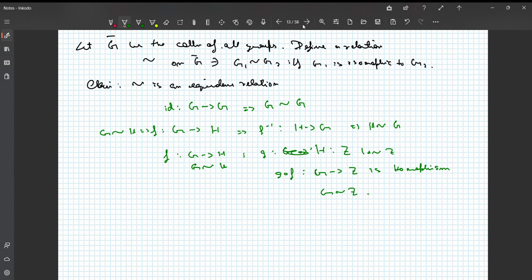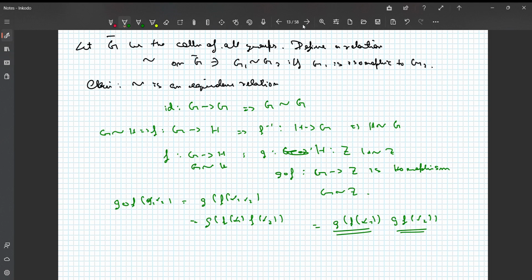g of f is obviously a homomorphism, because what is g of f of alpha 1 alpha 2? That's g of f alpha 1 times f alpha 2, which equals g of f alpha 1 times g of f alpha 2, and this is nothing but g of f of alpha 1 times g of f of alpha 2. That's very easy. So this means that isomorphism can be considered from both sides.